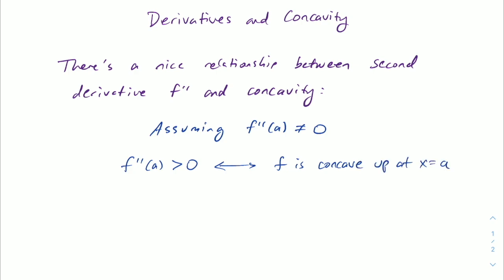And the second derivative at a is negative, less than 0, if and only if f is concave down at that point. All right, so this gives us an algebraic way of finding concave up and concave down.